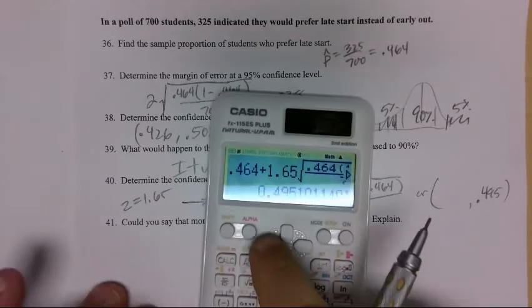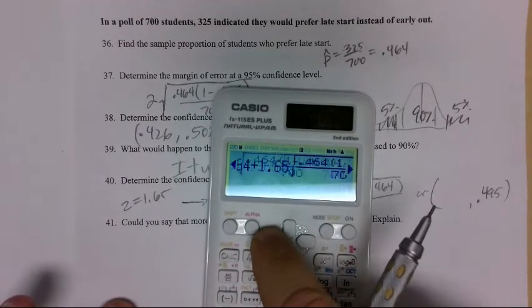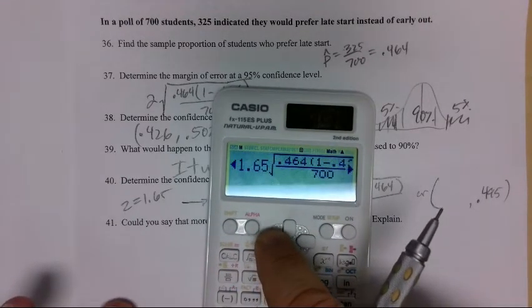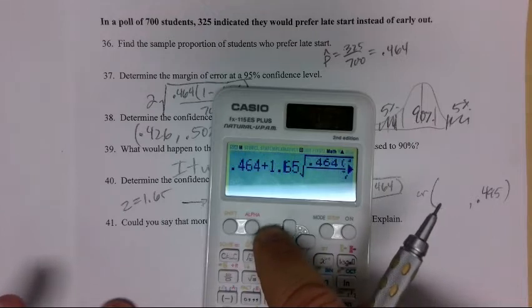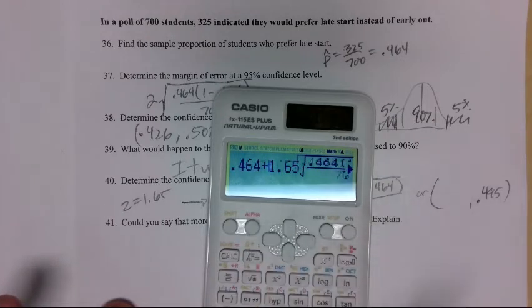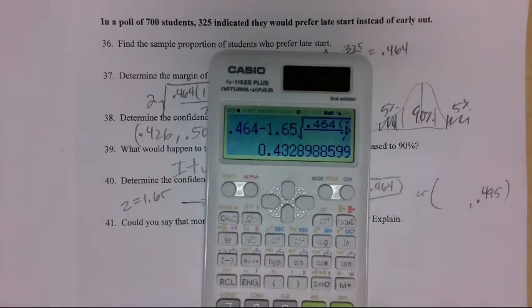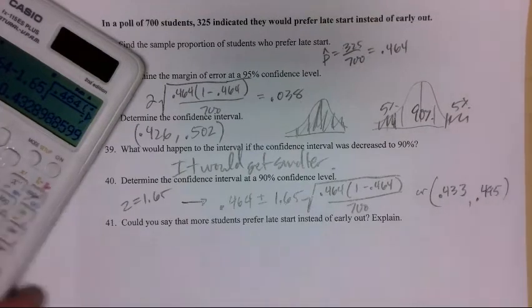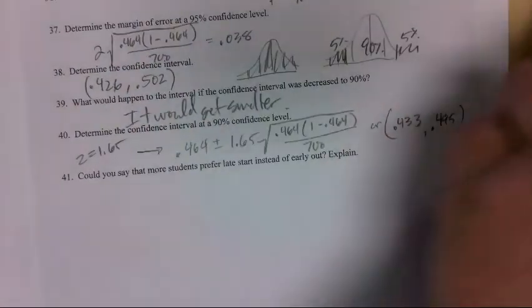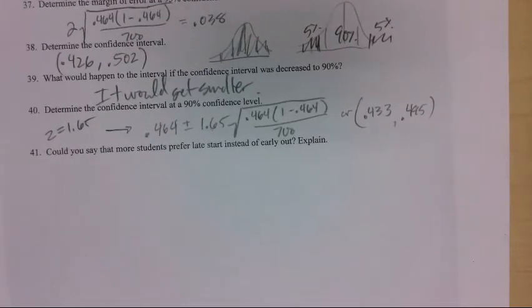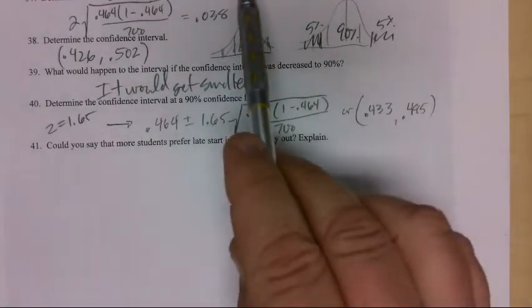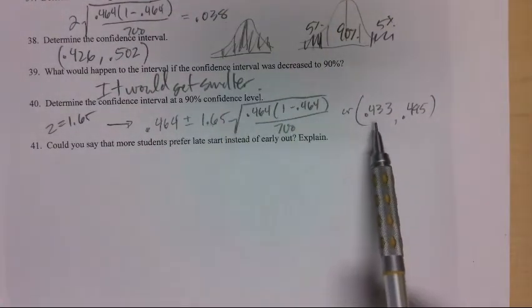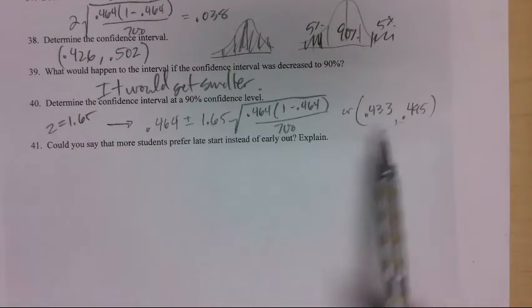And if I go minus that, it gives me 0.433. So what I know is I'm 90% confident that the proportion of students who would prefer a late start to early out is somewhere between 0.433 and 0.495.